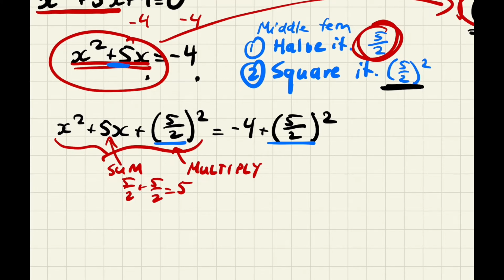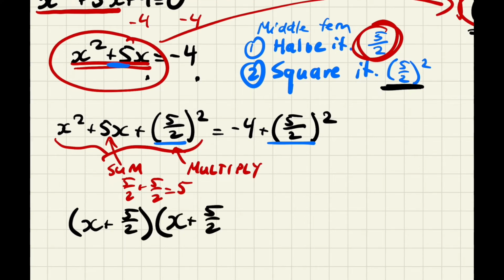Okay, so let's do exactly that. I'm going to go straight to putting that 5 on 2 in brackets. So I'll have x plus 5 on 2 close bracket, squared. And then on the right-hand side, that's going to be equal to negative 4 plus 5 on 2 squared. And when we enter this into a calculator, our answer is going to be 9 on 4.